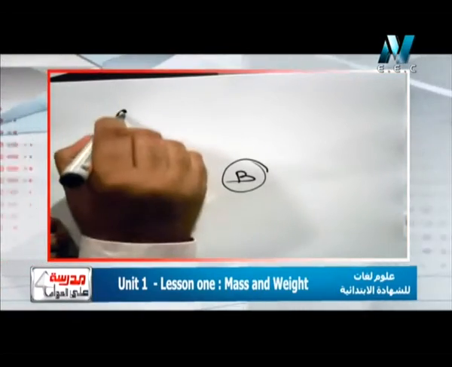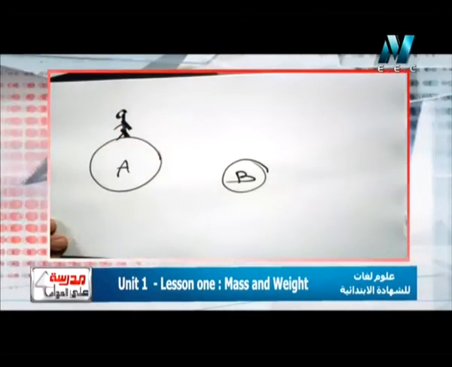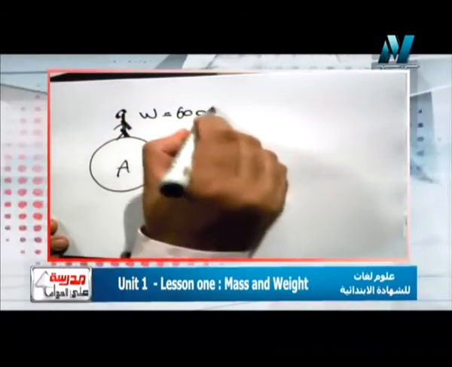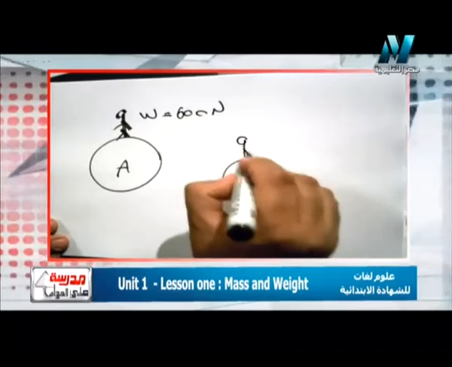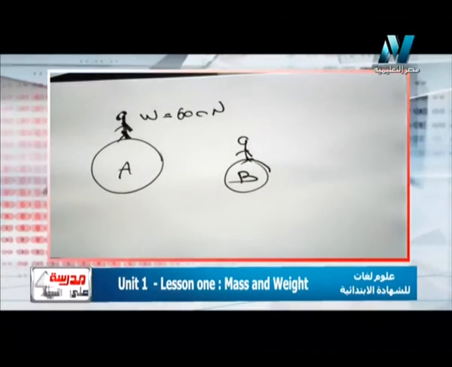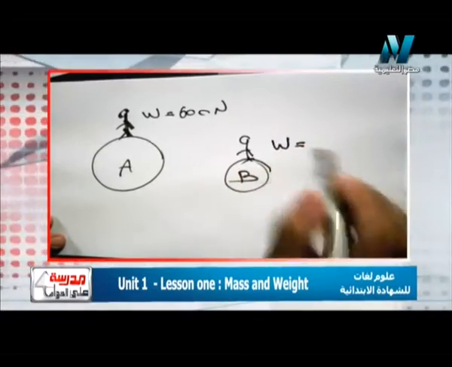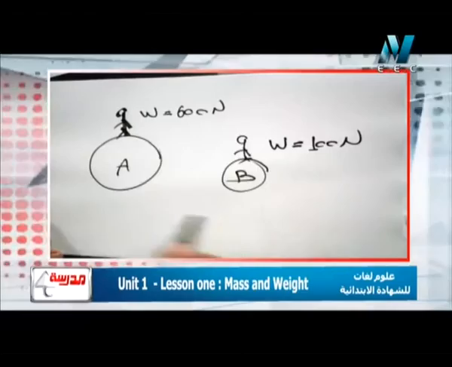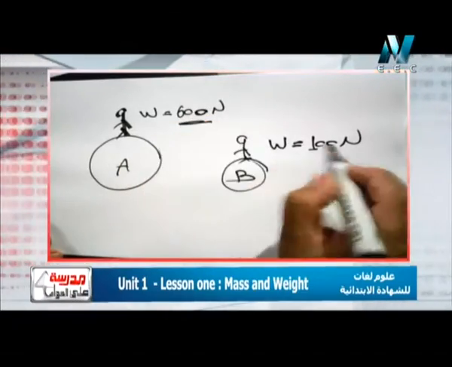If one is standing here, في شخص have weight here, for example, 600 Newton. And the same person is standing here, he will have less weight or more weight? I think he will have less weight, so his weight is equal, like, 100 Newton only. Why 600 decrease to 100?